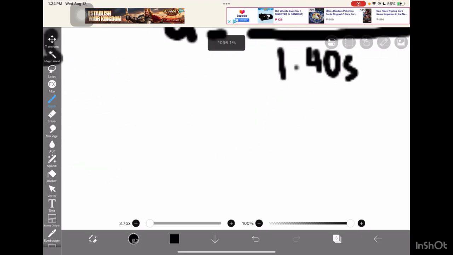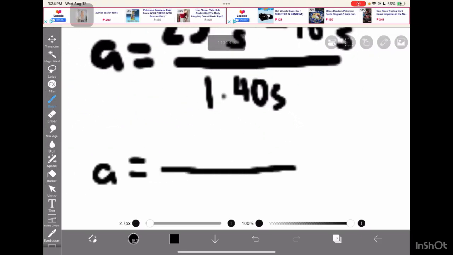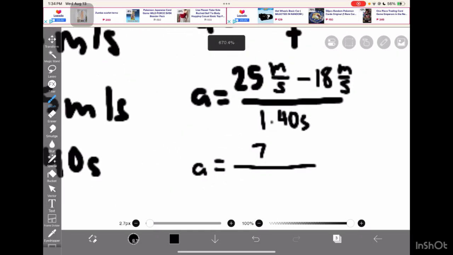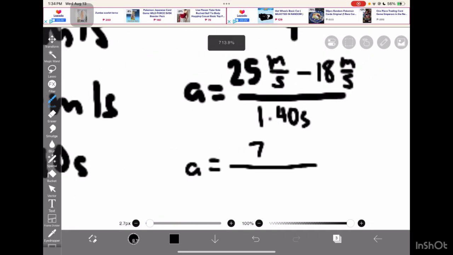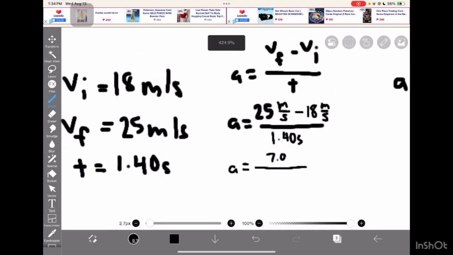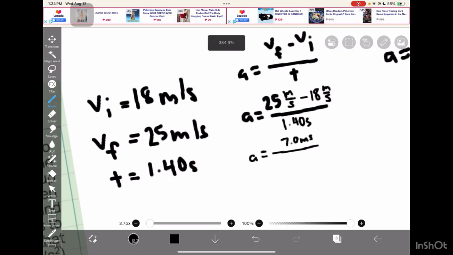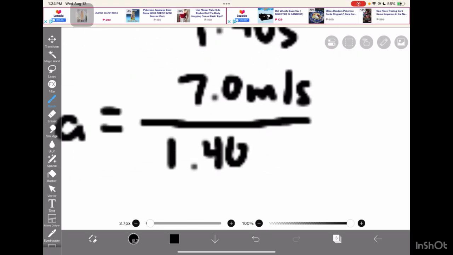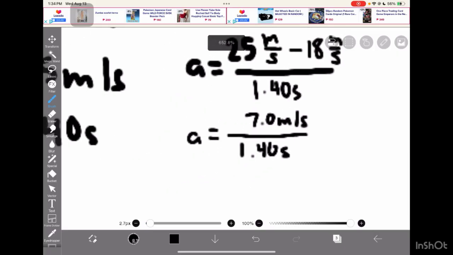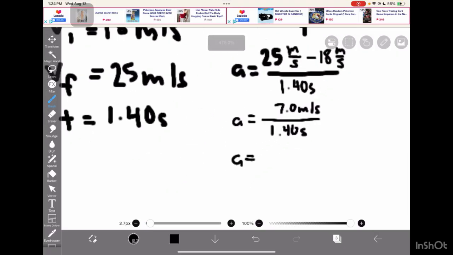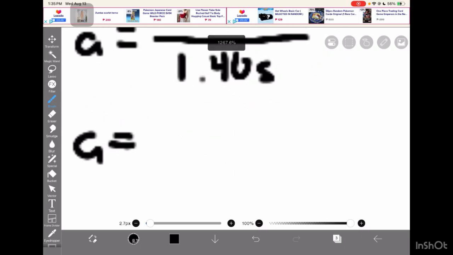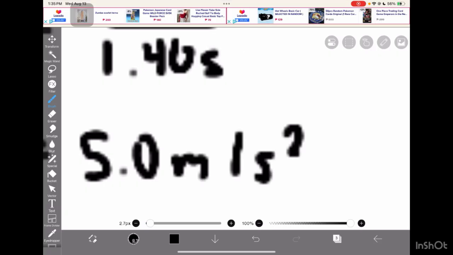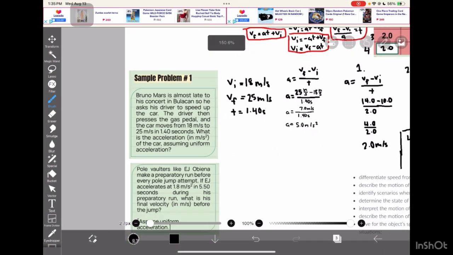If we put that into the calculator, we subtract these two, that's equal to 7.0 meters per second all over 1.40 seconds. So your acceleration is equal to 5.0 meters per second squared. Alright, nice one.